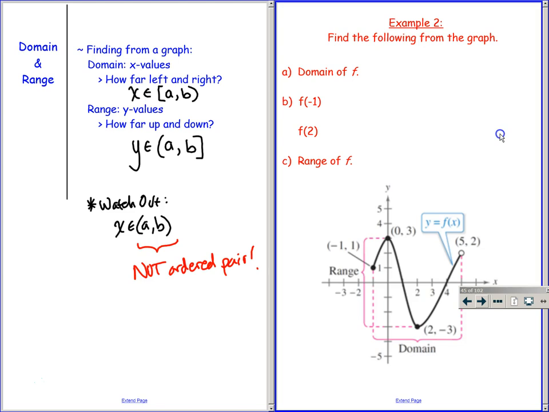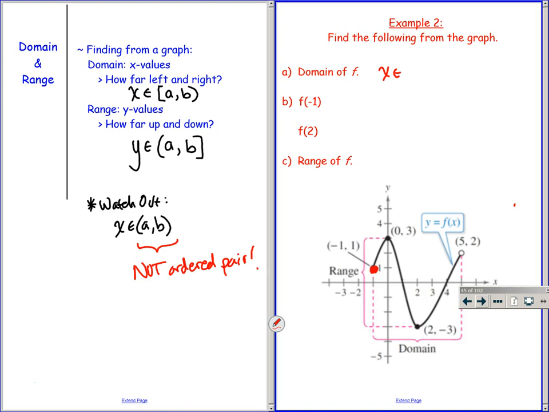So, domain of f, guys, how far left does it go? -1. Careful, I don't want a point. I just need the x value. Yeah? The X factor. So, bracket or parenthesis? Why?